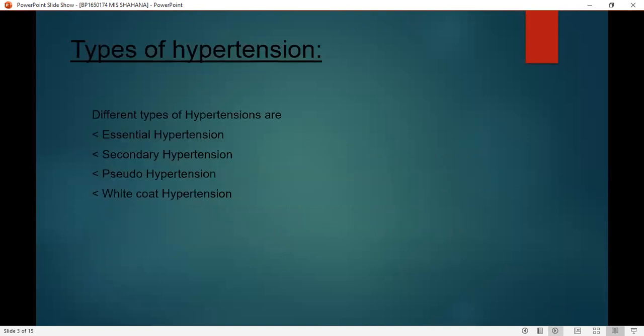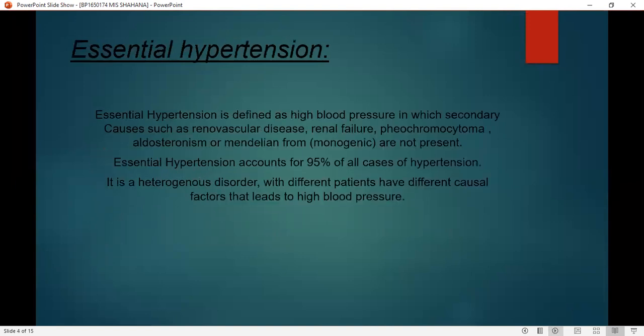Types of hypertension include essential hypertension, secondary hypertension, pseudohypertension, and white coat hypertension. Essential hypertension is also known as primary hypertension, as the cause of this type of hypertension is unknown.